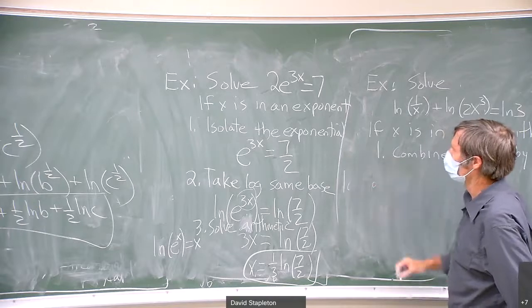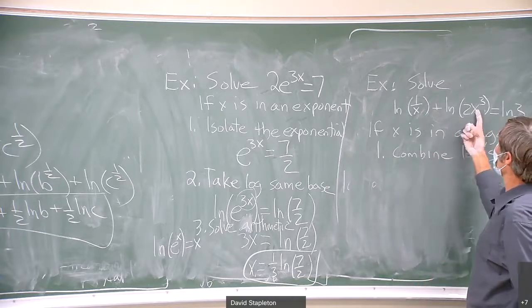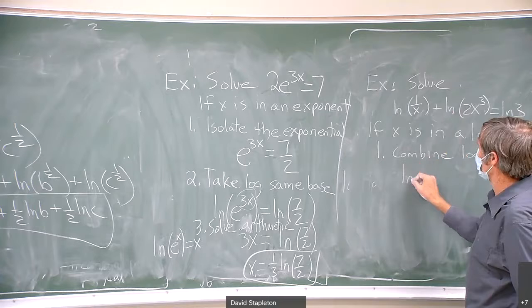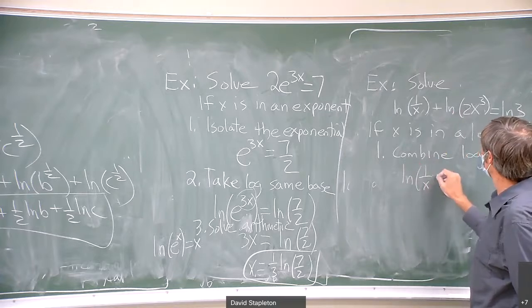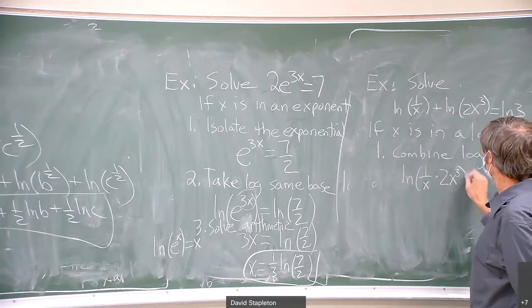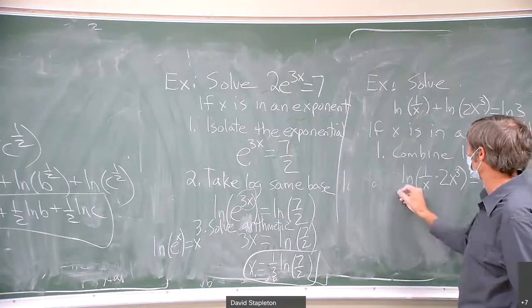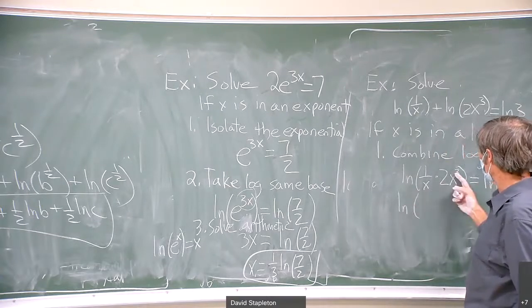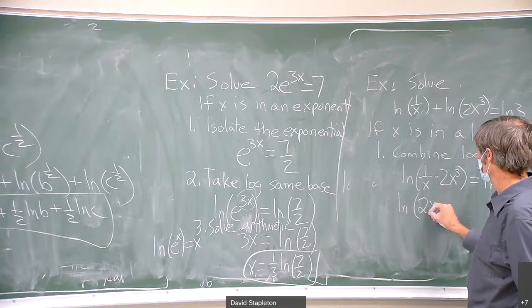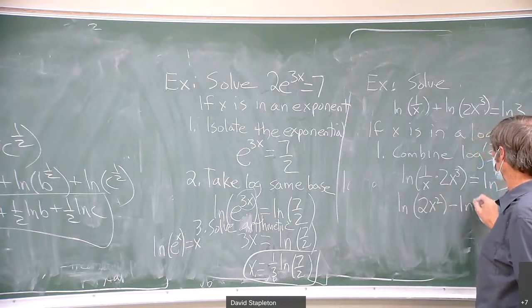So let's combine the logarithms. Ln plus ln is ln of the product. So this is ln of 1/x times 2x cubed equals ln 3. This one we can leave off if we want, or we can subtract it over. Ln, let's see, this is 2x squared minus ln 3 equals 0.